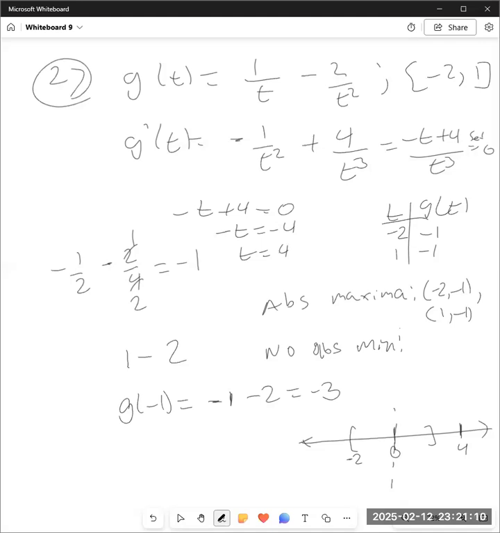1 plus 4 is 5 over -1. That's negative. And then 0 to 1, so something like a half. A positive number over a positive number is a positive number.